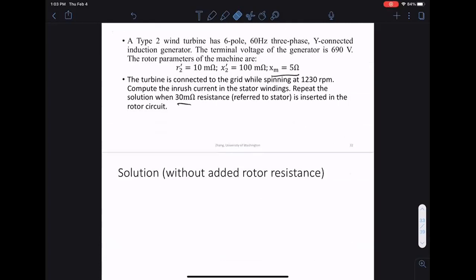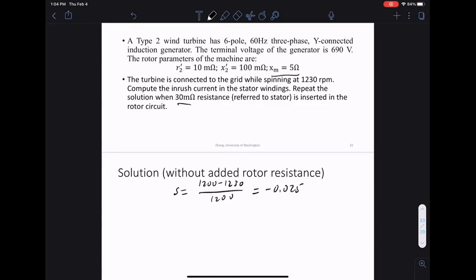All right, so let's compute the currents we have in our machine. The slip again is minus 0.025.